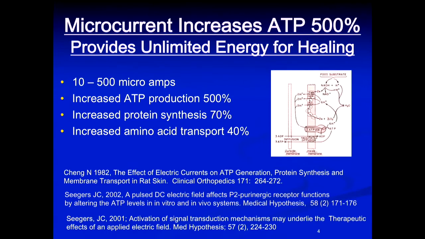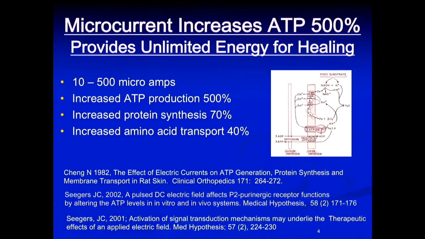So yesterday we talked about the fact that microcurrent increases ATP production by 500% and provides more or less unlimited energy for healing. As long as you're between 10 and 500 microamps, the ATP is going up by 500%. Between 500 and 1,000 microamps, the ATP levels off, and above 1,000 microamps, the ATP actually drops.